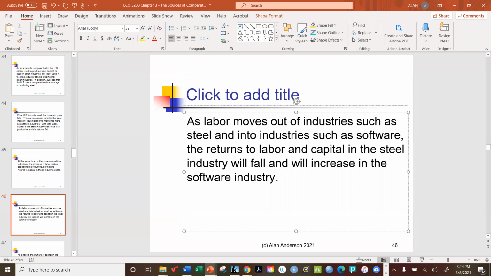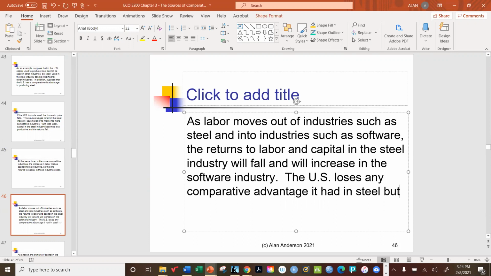And of course, this is exactly where we have our comparative advantage. So you can imagine those industries will expand and they will end up exporting a large amount of their products to foreign countries. So in other words, the US loses any comparative advantage it had in steel, but gains a comparative advantage in software.